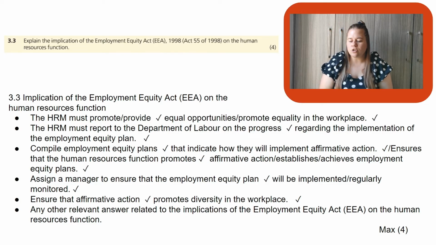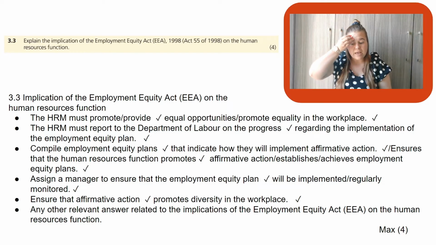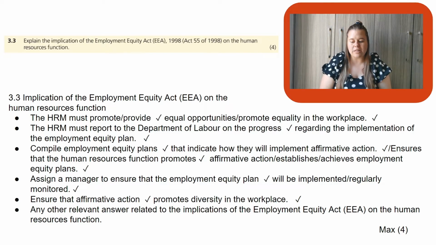All right, so the human resource manager must promote or provide equal opportunity and equality in the workplace. The HRM must report to the Department of Labor on the progress regarding the implementation of the Employment Equity Plan, compile employment equity plans that indicate how they will implement affirmative action, and then furthermore, ensure that the human resource function promotes affirmative action equity plans.